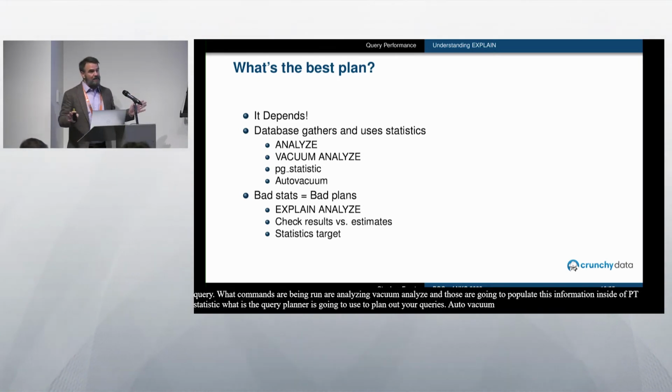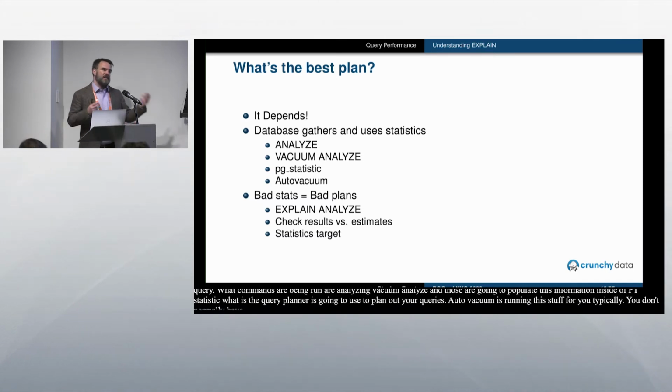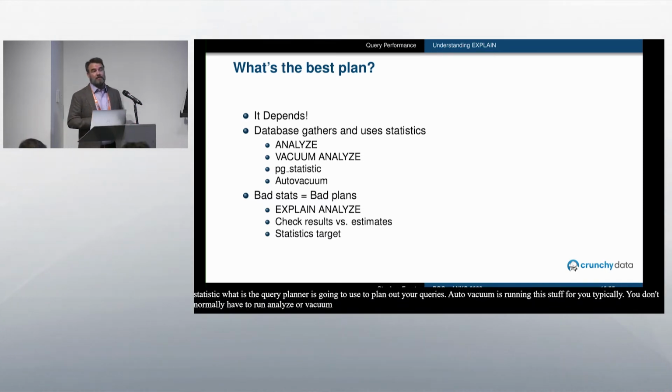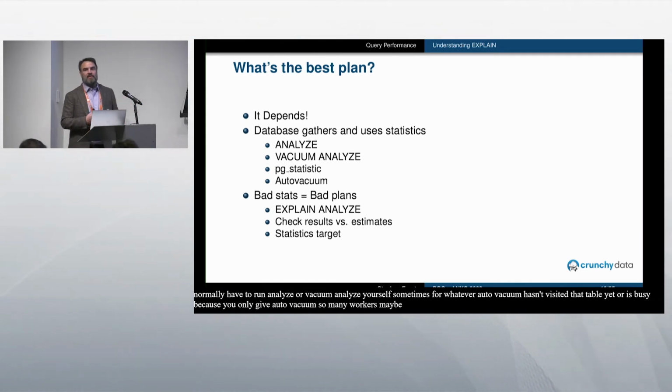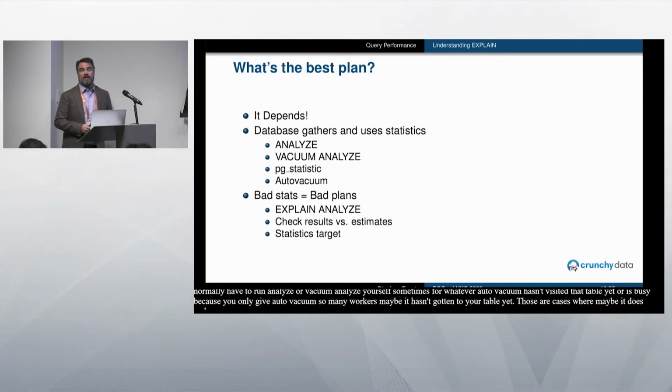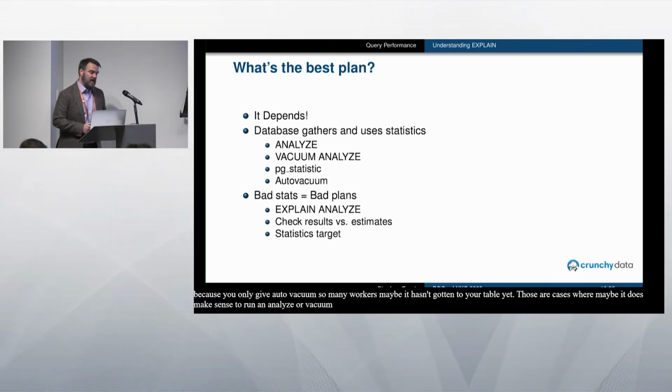You don't normally have to run analyze or vacuum analyze yourself, but sometimes autovacuum hasn't visited that table yet or is busy, because you only give autovacuum so many workers to work with. Those are cases where it may make sense to run an analyze or a vacuum analyze yourself against a particular table.